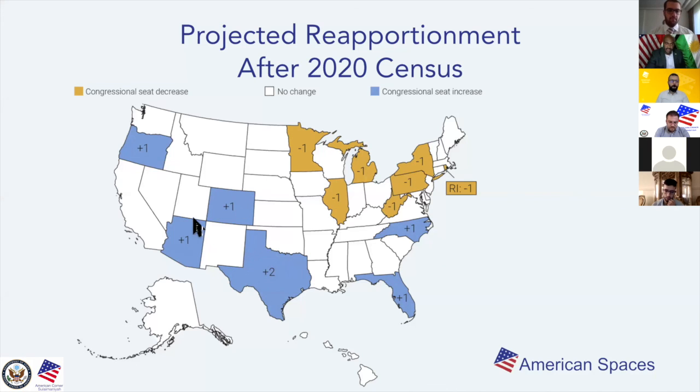The others are expected to gain 1 each. And the states that are losing seats lose 1 each. It's interesting for Rhode Island because they only have 2 members of the House of Representatives, so they're now just going to have 1. We'll see if someone decides to retire or if they both end up running against each other.